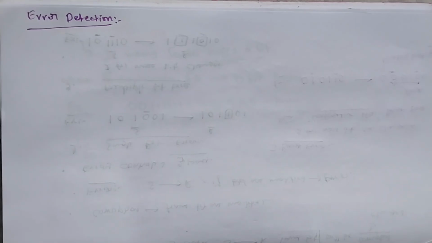Error detection will be done at the receiver side. The receiver will check, after receiving the frame, whether it has any errors or not, without knowing the original message.